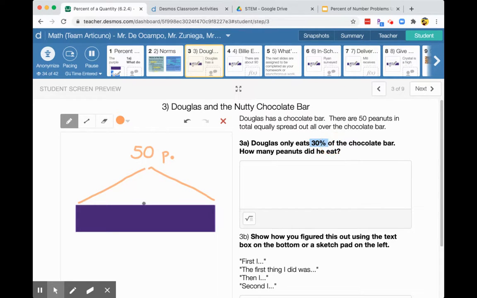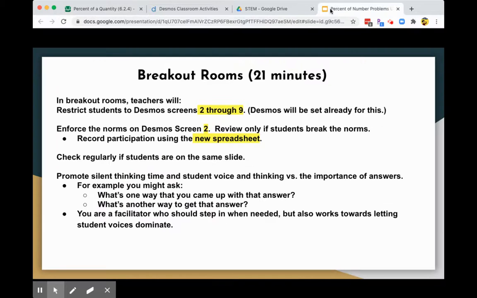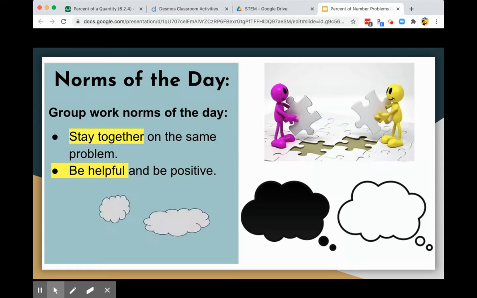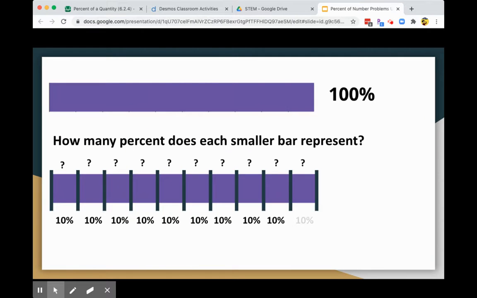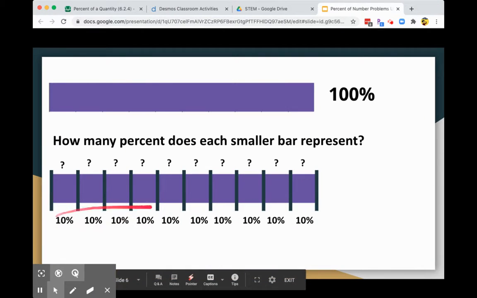I don't know how I'm going to show exactly what 30% looks like unless I cut each of these into 10%. This reminds me of what we did earlier with this kind of problem. I want to make this whole picture so I can accurately show 30%.